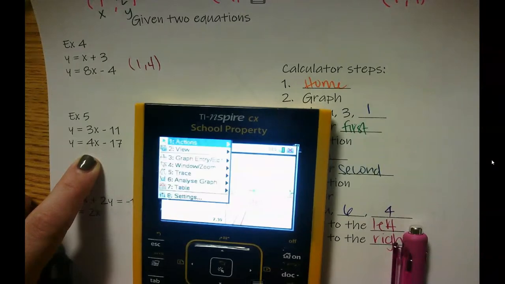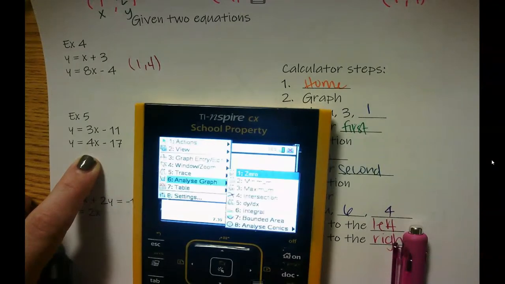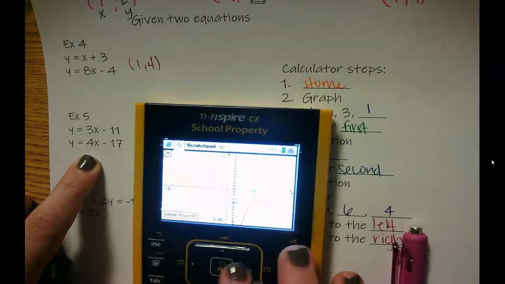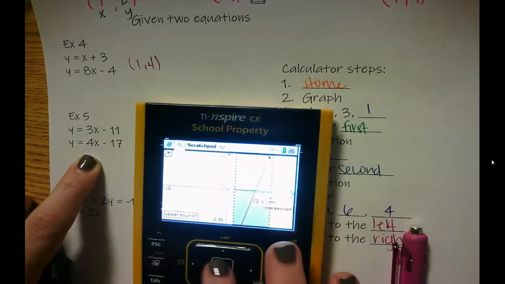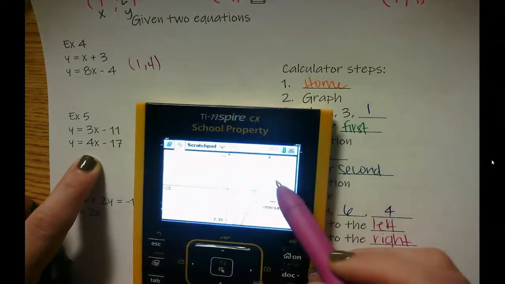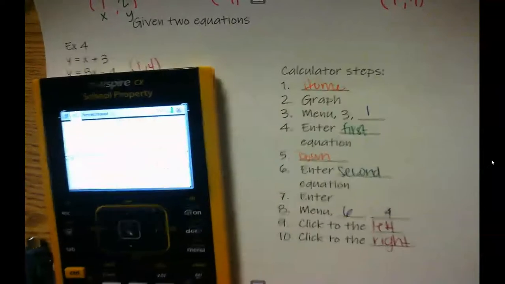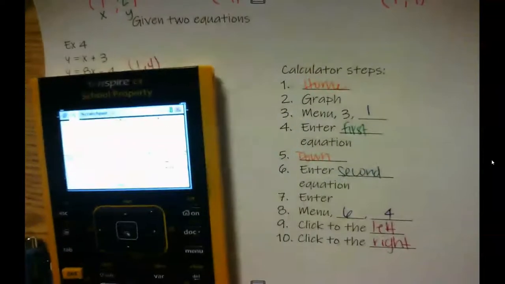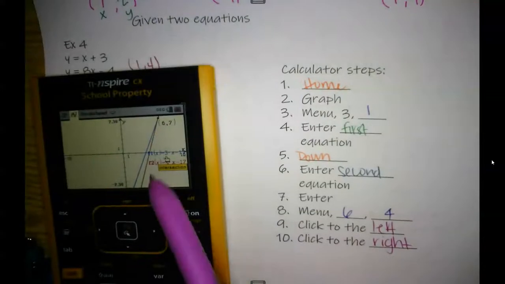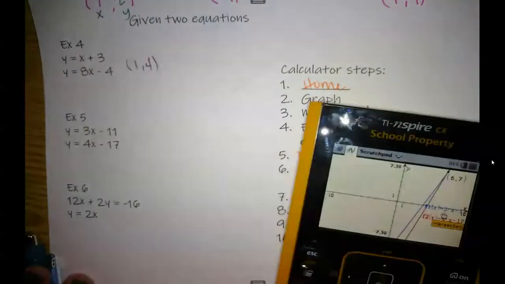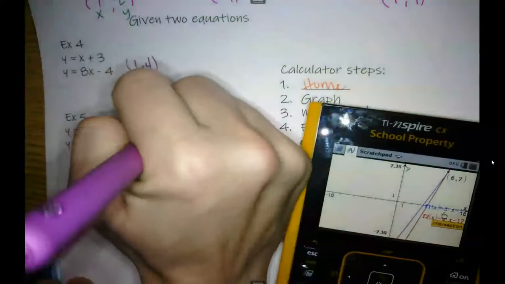I'm going to menu 6, 4, and I'm going to come over here, click, and it says intersection. So I'm going to go ahead and click, and it shows me that one, very hard to see. There we go. And you can see here 6, 7. I just follow those same steps.